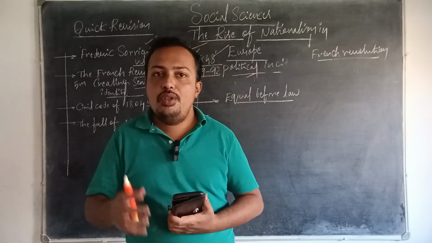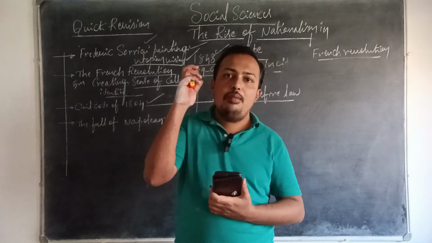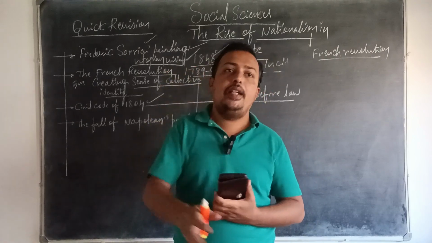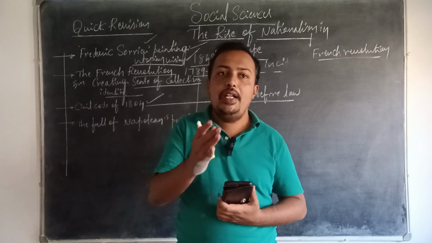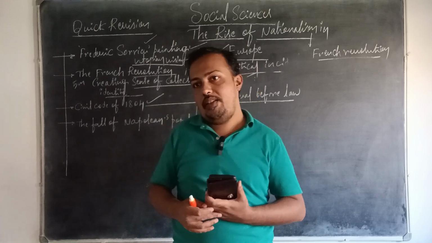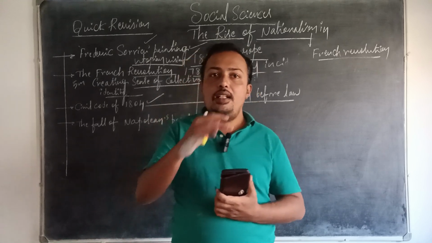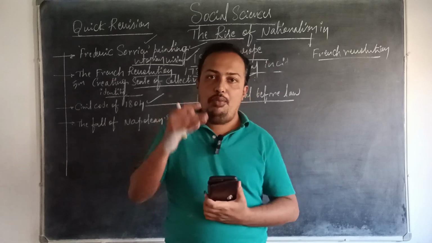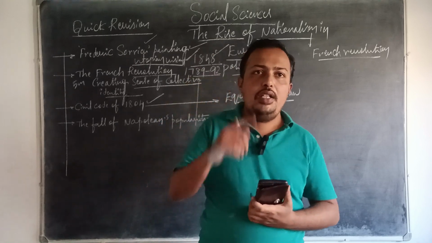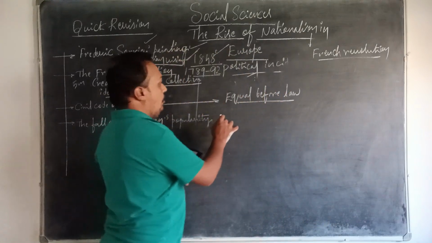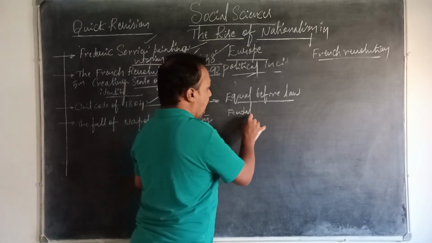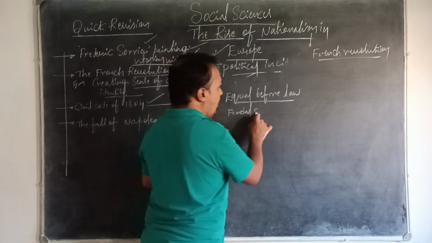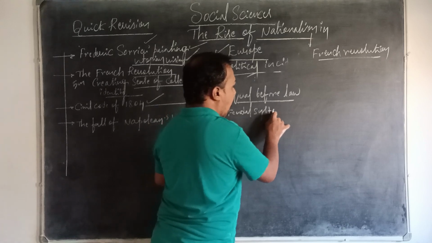So he brought a systematic administrative system by simplifying it, by dividing it into different departments. That is another reformation done by him under the Napoleonic Code, and he abolished the feudal system.